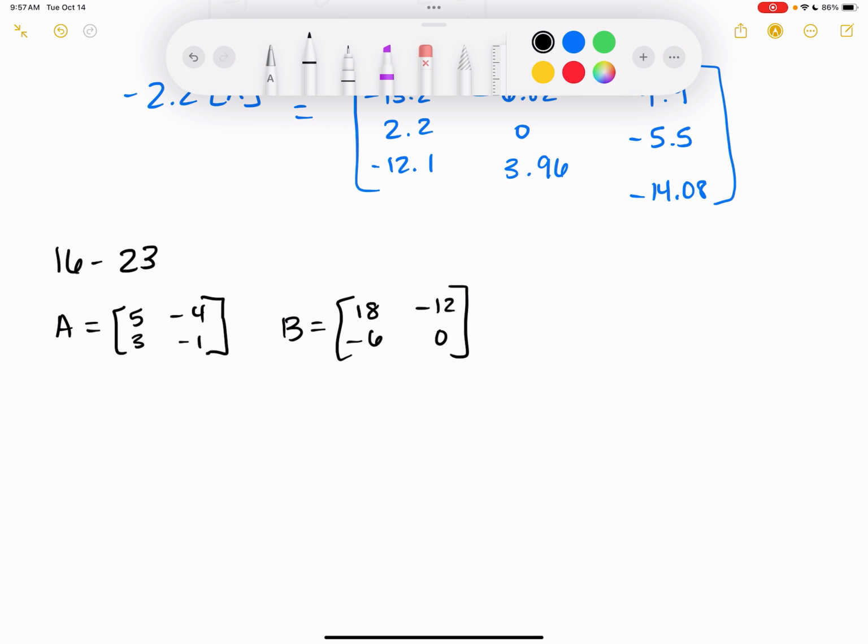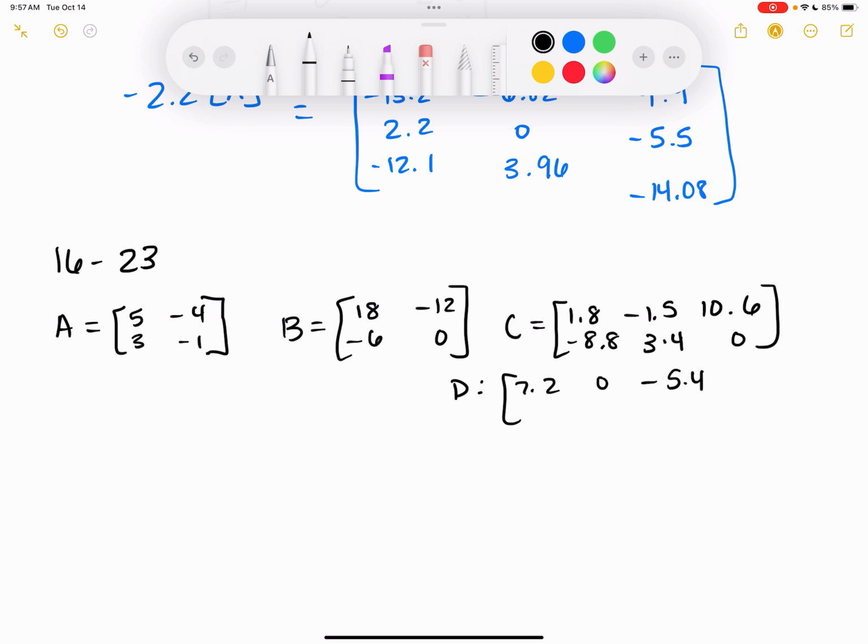C is a 2 by 3: 1.8, negative 1.5, 10.6, and then negative 8.8, 3.4, and 0. And then D is also a 2 by 3: 7.2, 0, negative 5.4, 2.1, negative 1.9, and 3.3. That's a lot of numbers.